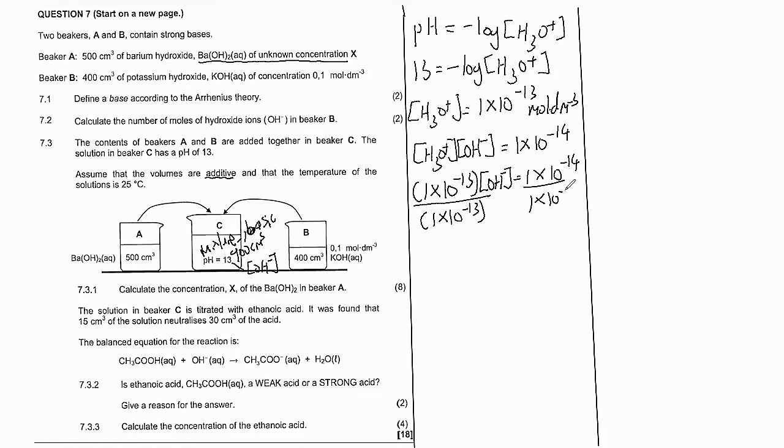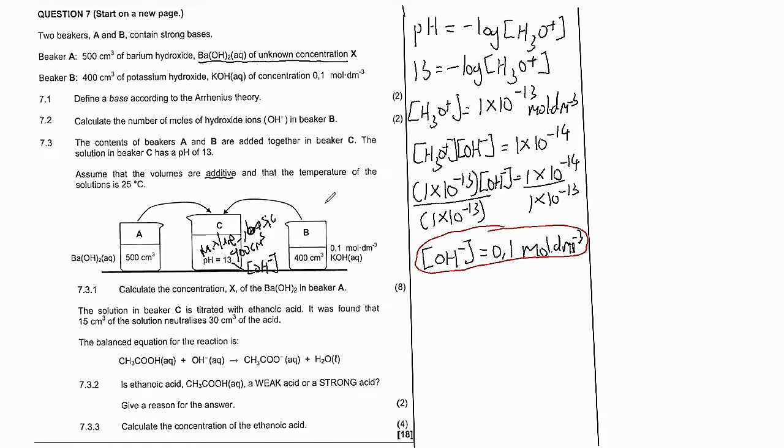The concentration of hydroxide ions is now 0.1 mol/dm³. Also save this answer, because we will need it in the next question.